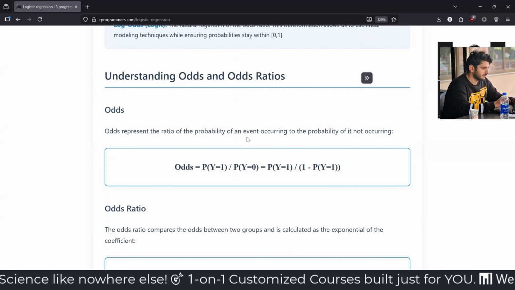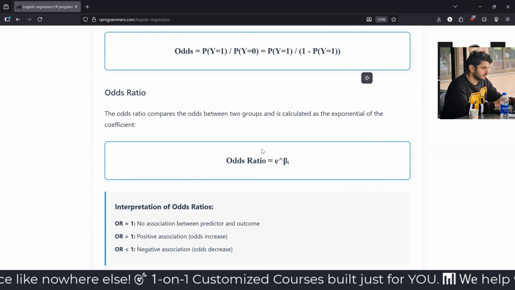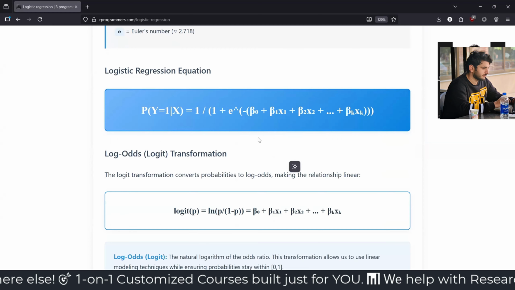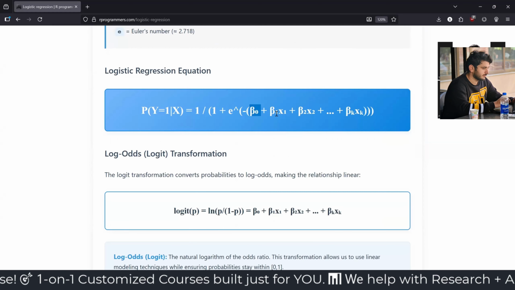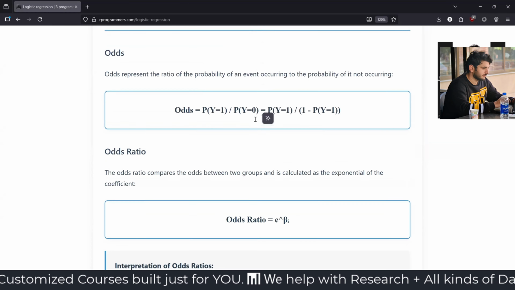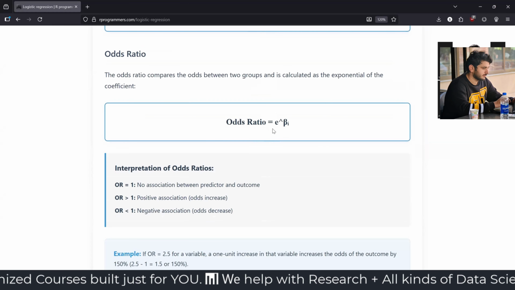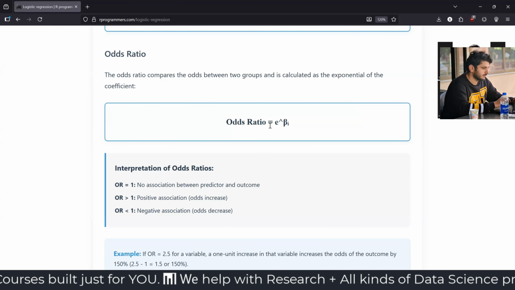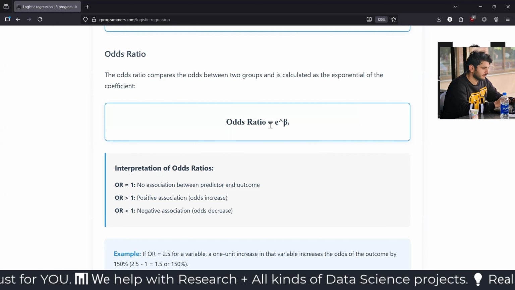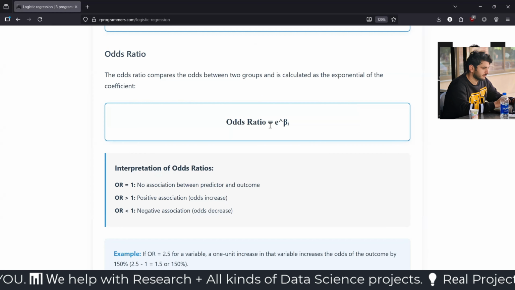Now, what is an odds ratio? Whatever coefficients we get from logistic regression, the values we have in the equation for beta naught and beta 1, we take the exponential of them and this works as the odds ratio. Why do we calculate odds ratios? Because we cannot interpret the coefficients as they are. We can only interpret the odds ratios from the equation.